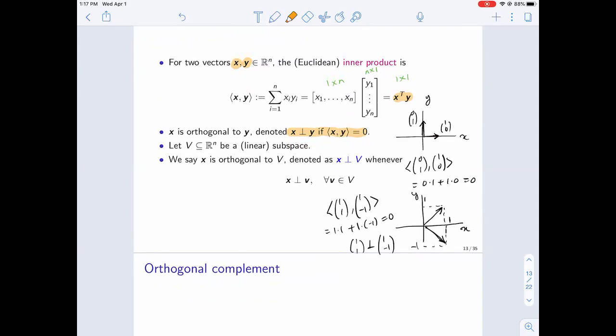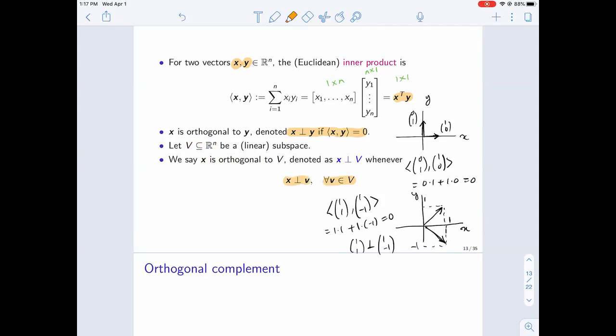Other questions? So now, suppose we have a subspace V, and the subspace is linear. Again, if you recall what linear means. I want to define what it means for X to be orthogonal to V. So X is orthogonal to V, and I denote it as X perp V, if for any vector v in capital V, X is orthogonal to that little v.